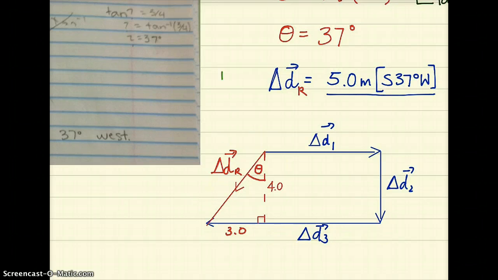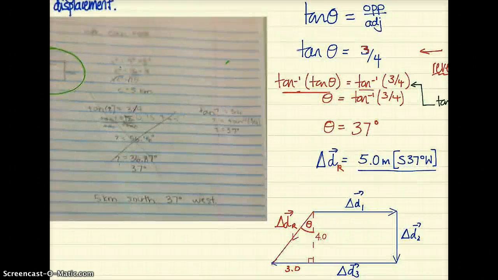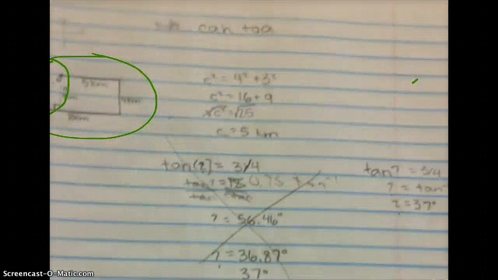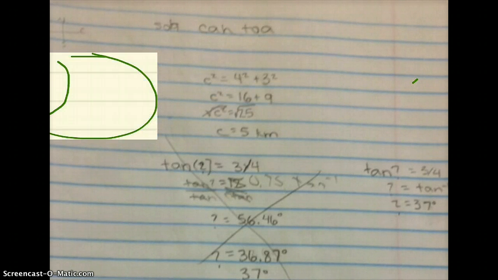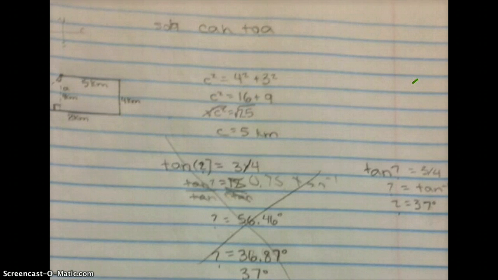Okay, so going back to the solution up here, I'm just going to take out this line here. So what we can do is analyze this right angle triangle, and we can say using the Pythagorean theorem, c squared, or the hypotenuse squared, is equal to the sum of the squares of the other two sides.